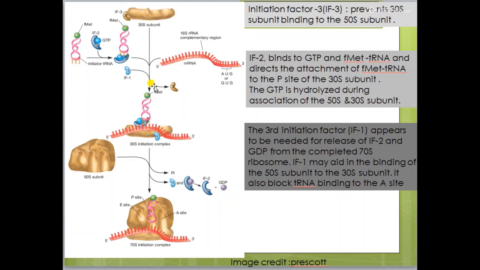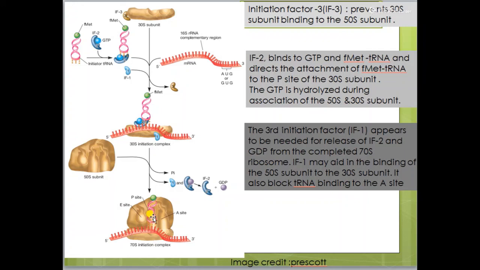Initiation factor 1 will help to remove initiation factor 2, and at the same time the 50S subunit comes and binds over here, and it will help in the binding of the 50S subunit to the 30S subunit. Further on, you can see that GTP has been broken down and GDP has been released.